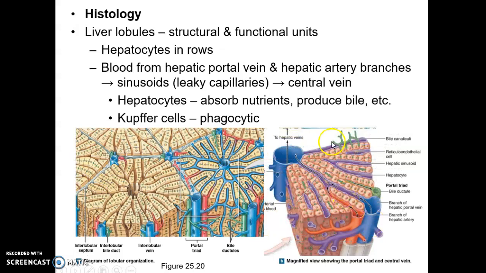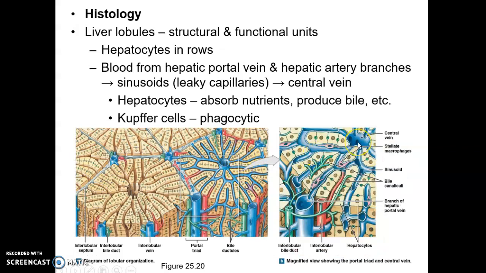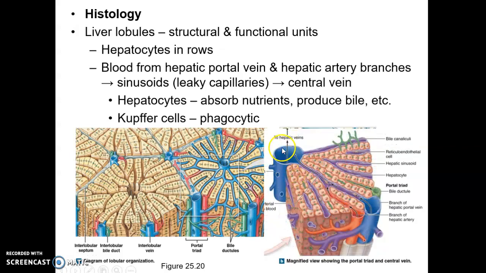Here's another picture I found of a section of a lobule that maybe gives you a better sense of the venous blood flow direction, arterial blood flow direction, hepatocytes processing all those materials and nutrients, etc. Venous blood going towards the central vein, eventually going towards the hepatic veins, being returned to the inferior vena cava.